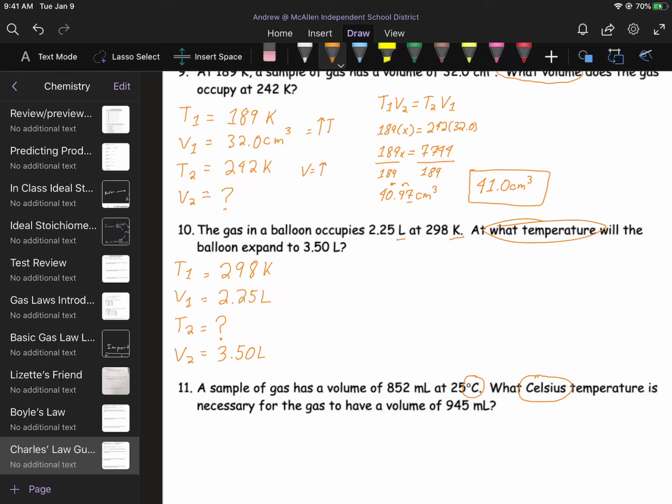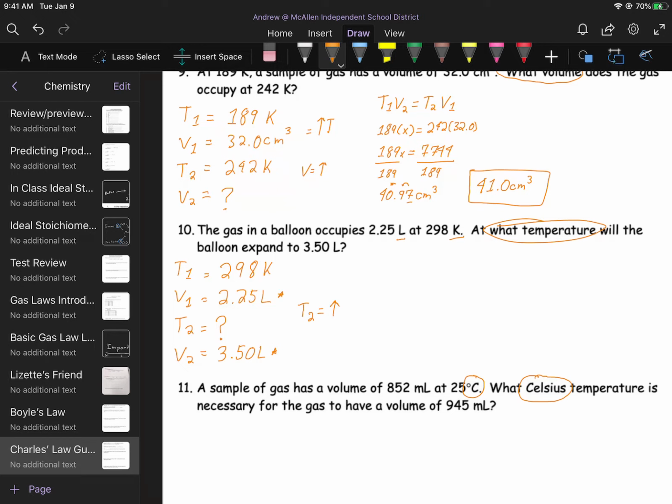Now, we know that they are a direct relationship. If one goes up, the other goes up. If one goes down, the other goes down. So my volume went from 2.25 to 3.5. That is an increase. So my hypothesis is that T2 should be an increase from T1.